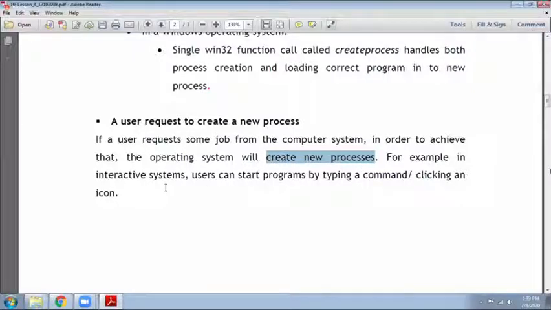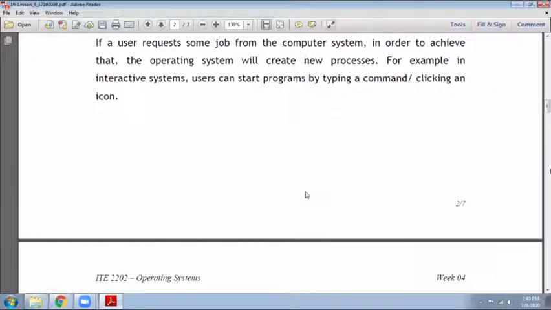For example, in interactive systems, when you play a computer game, you can start new things, right? So users can start programs either by typing a command or clicking an icon using the mouse. Now I am using the mouse to click certain things. Even this highlighting, I initiate it, it is a user request. Okay. So that's the third type of creating a new process.